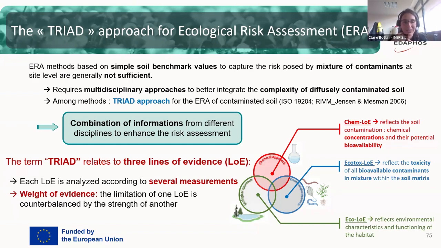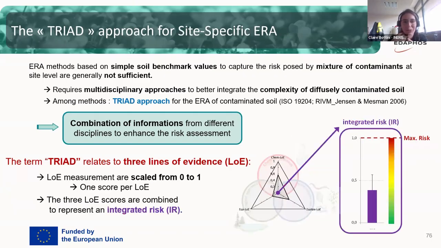Can we go to the next slide, please? So that's what I was talking about. We have those 3 lines of evidence and this 0 to 1 value as an integrated risk assessment, where 1 is equivalent to an issue being present and an ecological or toxicological risk posed by those contaminations. While a value of 0.5 or below is usually considered acceptable.